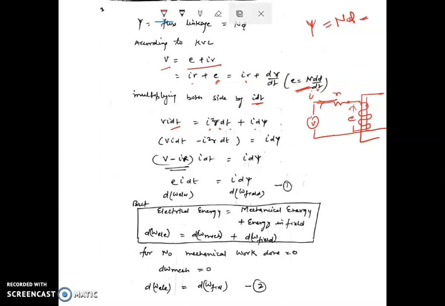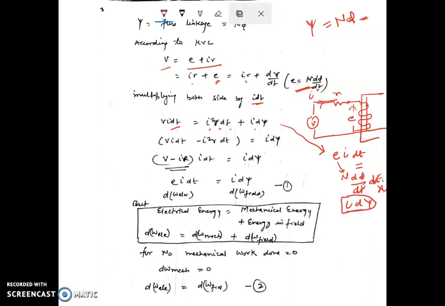So if E is equal to N d phi by dt, we can write E into I dt as N d phi by dt into dt, the dt cancels, into I. Or we can write it as N into phi, that is psi, so I into d psi.